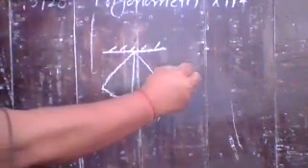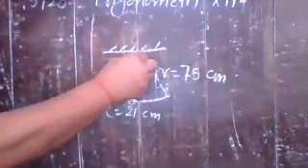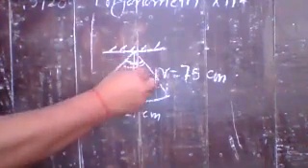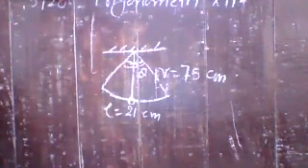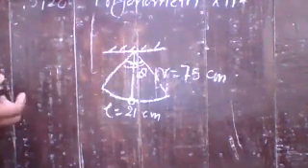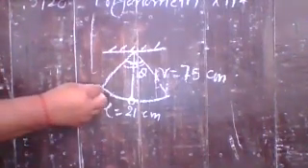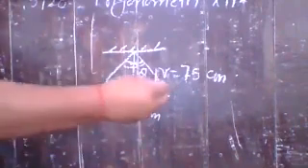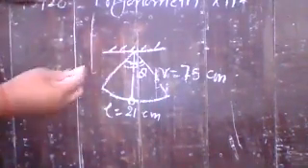So you can write r is equal to 75 centimeter. That is given, and you have to find the angle theta in between them. So what is the angle? It forms when the tip describes an arc of length 21 centimeter. Understand?